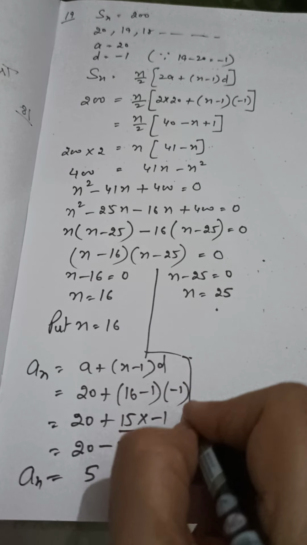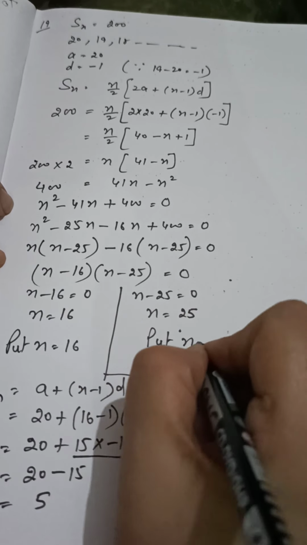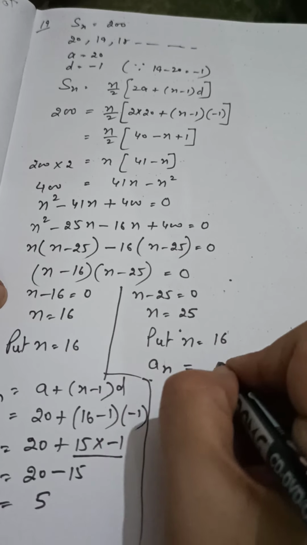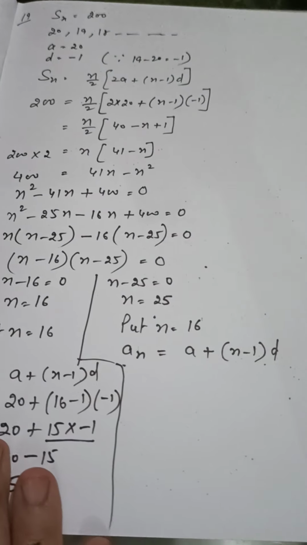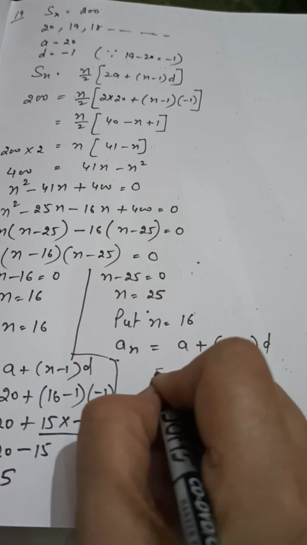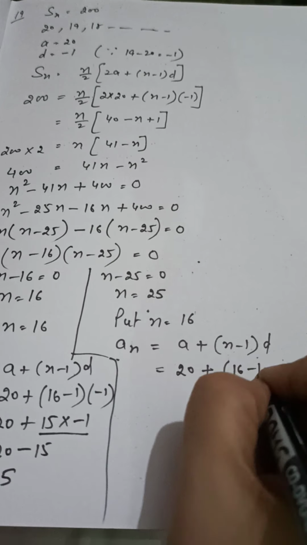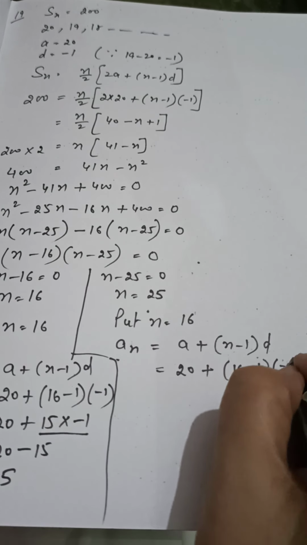Now, on the other side, put n equal to 25 in the formula an. An is equal to a plus n minus 1 into d.